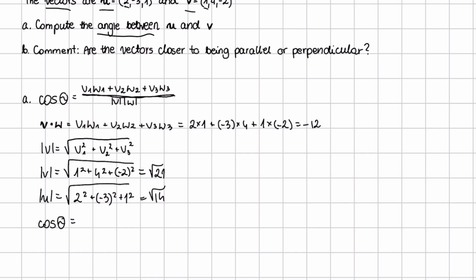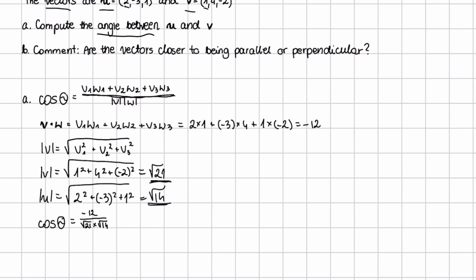So in the numerator negative 12, and in the denominator square root of 21 times square root of 14. Here we can leave them as roots because this is not the final answer, so this is an exact value, and our final answer we can leave in the standard form.